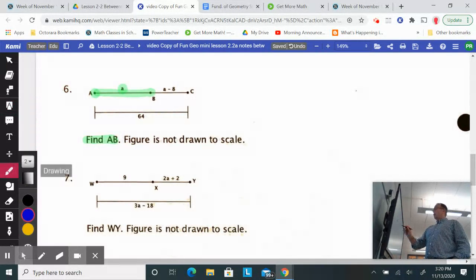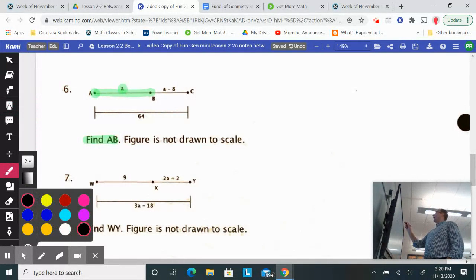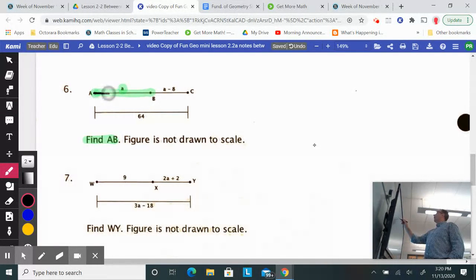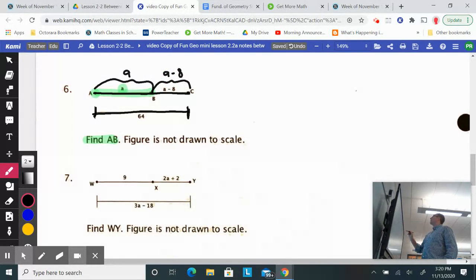So what do we know already? Let me outline here. Well, I know from A all the way to C is the same as this distance down here, which is 64. And I also know that from A to B is known as A, and then from B to C is A minus 8.